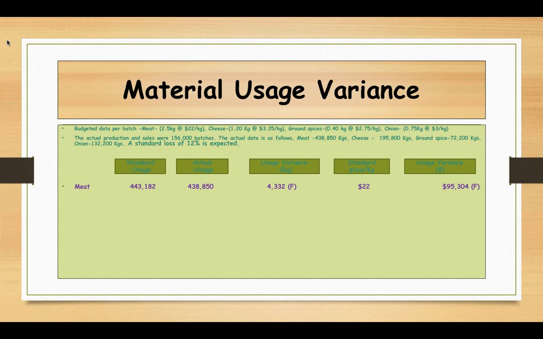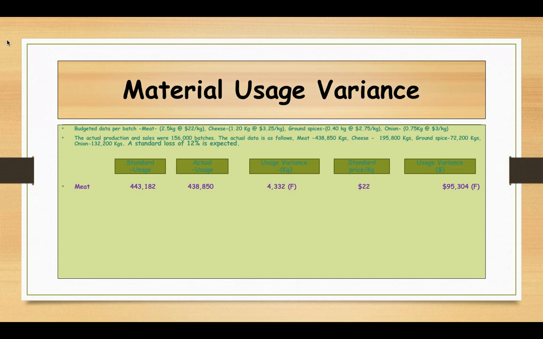Now, we'll see the meat. We have produced 156,000 batches, and for each batch we need 2.5 kgs of material. If we put 156,000 times 2.5, your standard usage will be a wrong figure because you haven't taken that 12% expected loss. So what we have to do is, 156,000 times 2.5 is equal to 88%, because if you input material, out of that meat, 12% will go as waste.